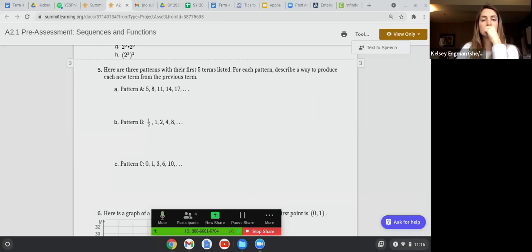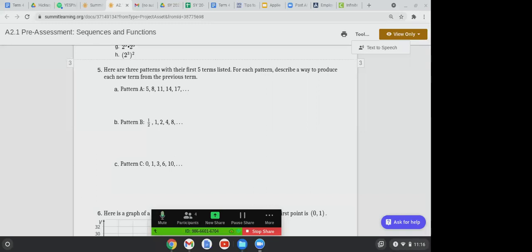So what that shows is there may not always be a pattern. There is a pattern, but it is not one consistent operation. We started with 0. We added 1 and got 1.